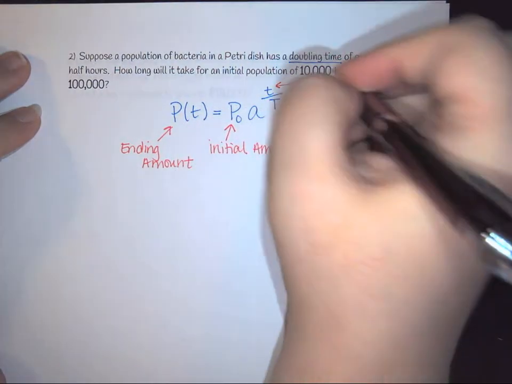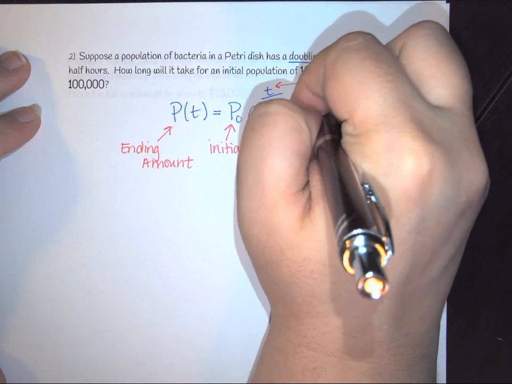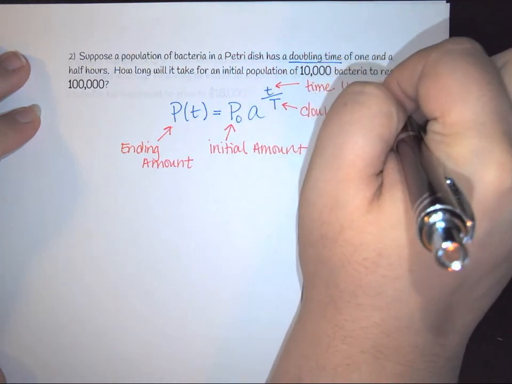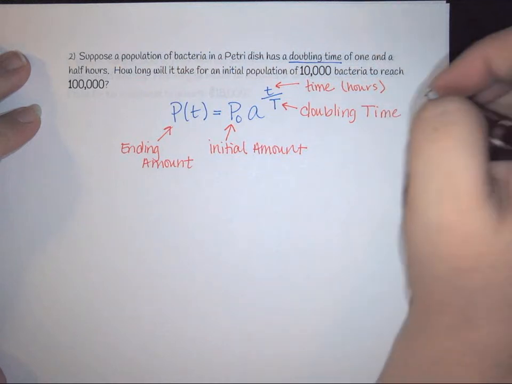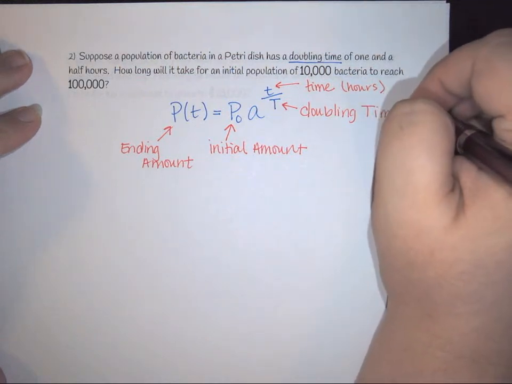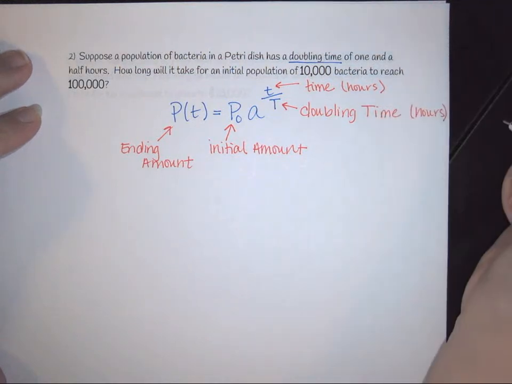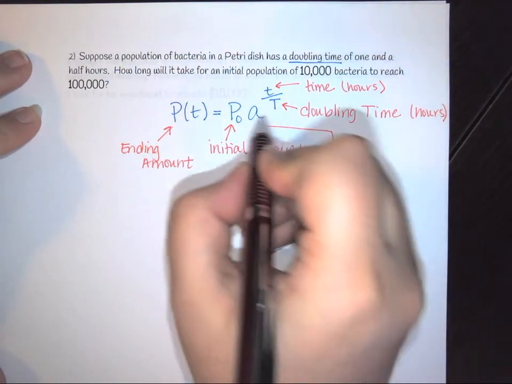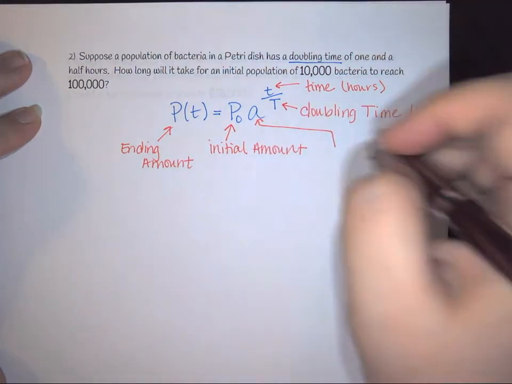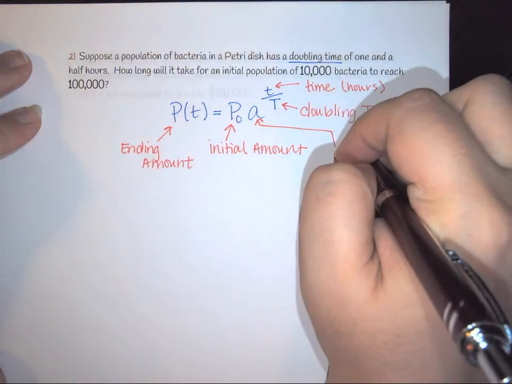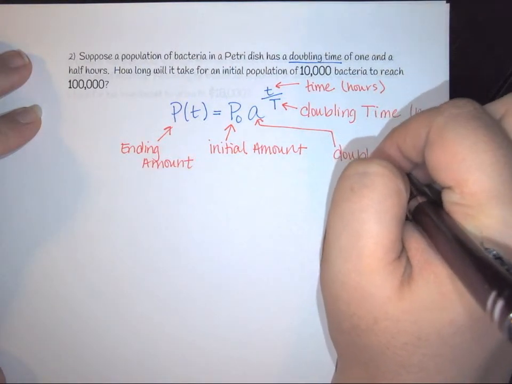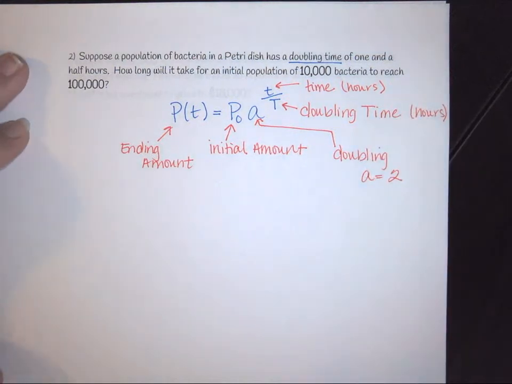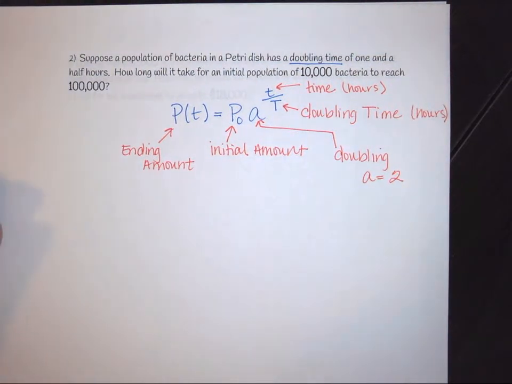Big T is what's called your doubling time. So a lot of times this is also in hours. And then we have this A value here. Well, because we are doubling, then A has to equal 2 because we are doubling in size.